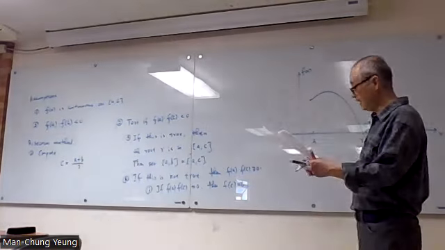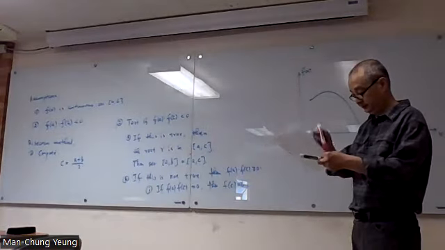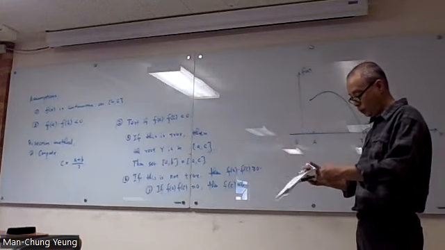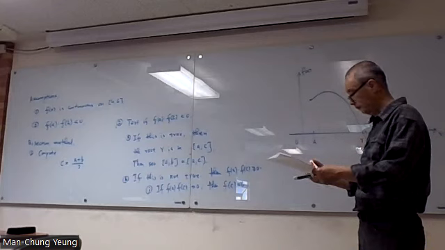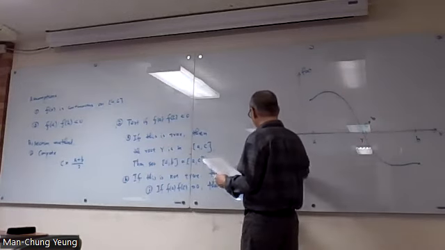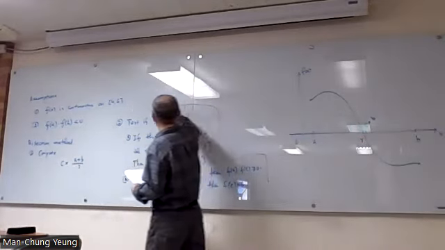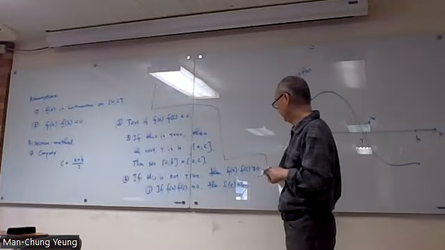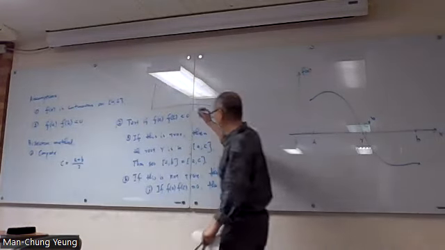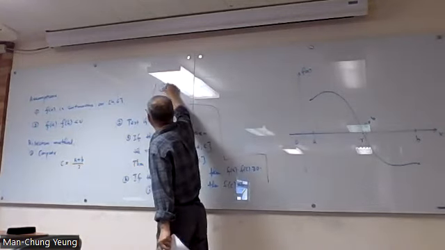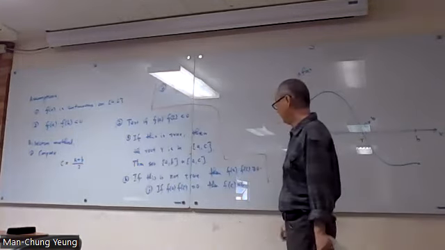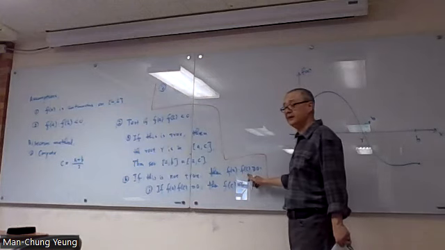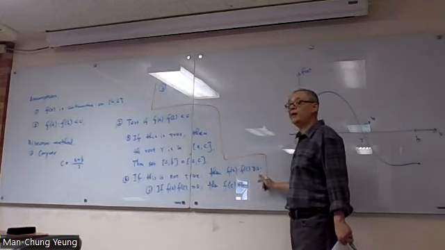And now the second subcase: f of A times f of C greater than 0.